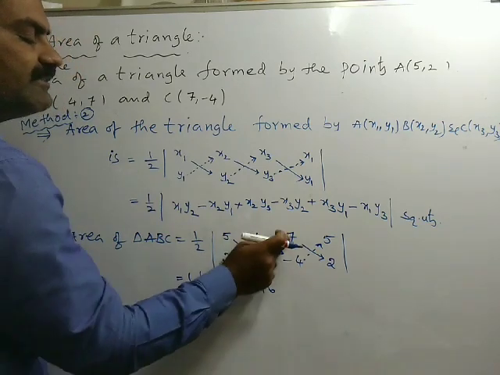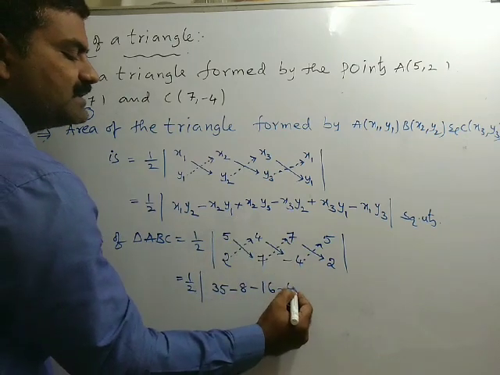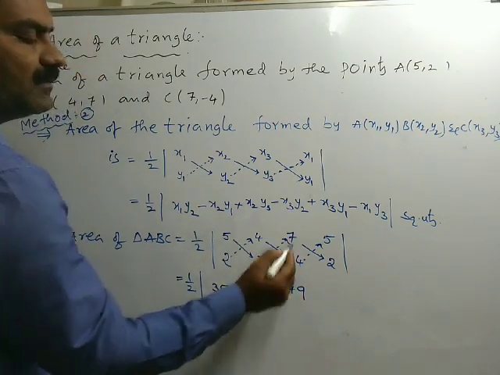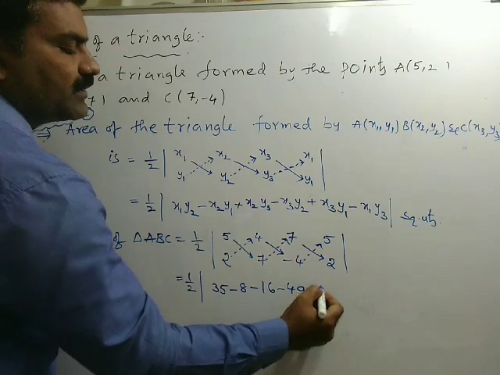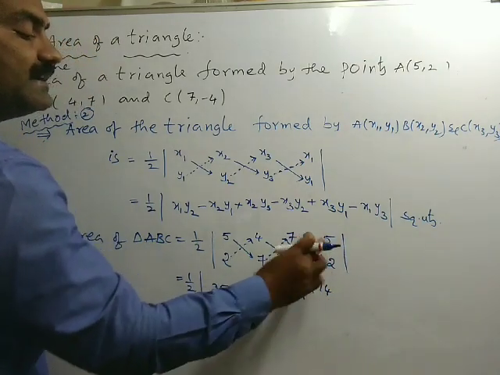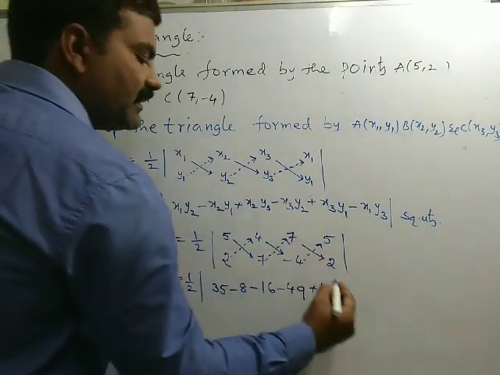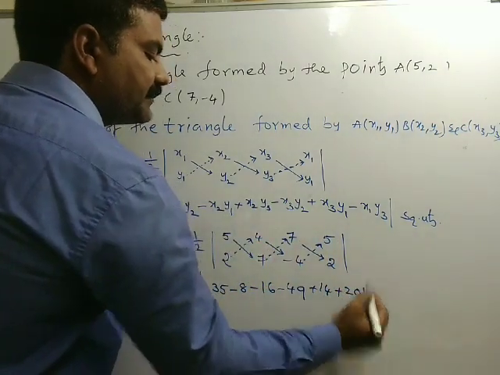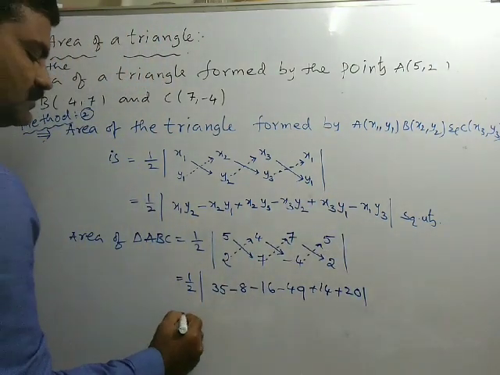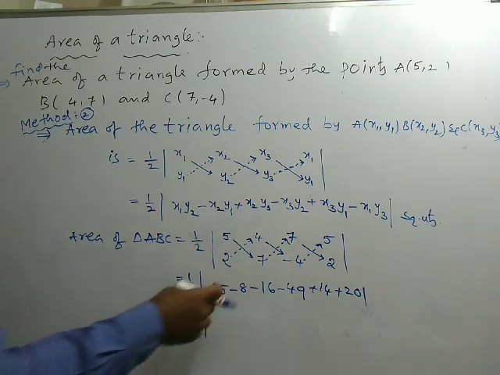And this is 7 into 7, actually 49. But because of this direction, we need to take minus 49. And this is 7 into 2, plus 14. And this is minus 4 into 5, actually minus 20. But because of this direction, minus of minus will be plus 20. So first let us add all the positive numbers, after that all the negative numbers.